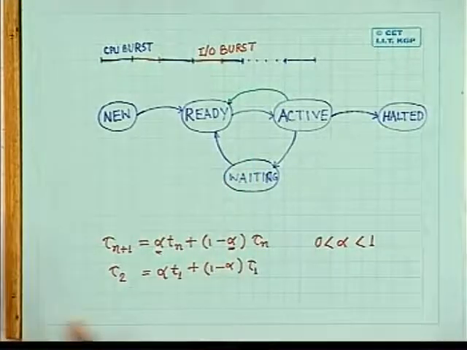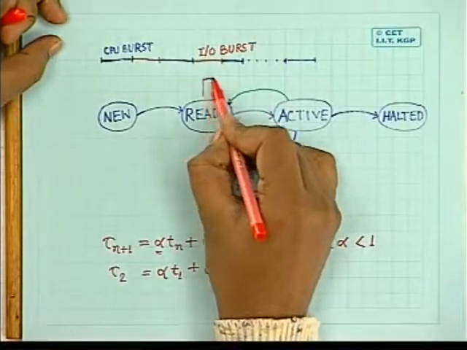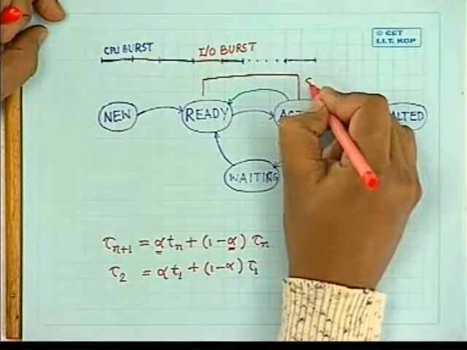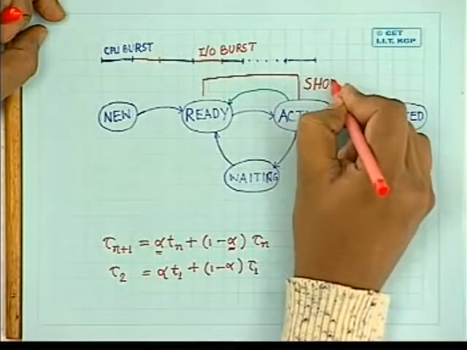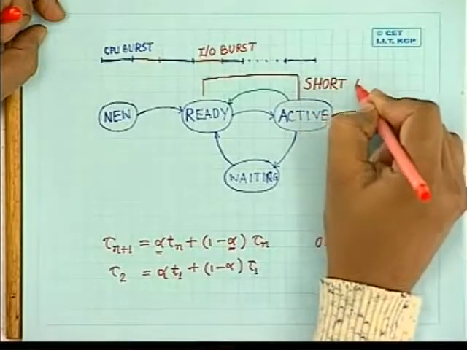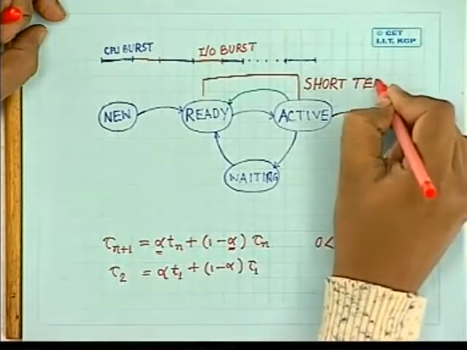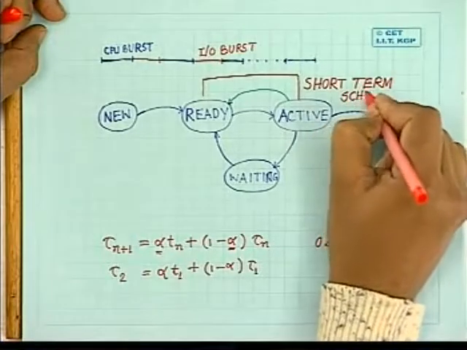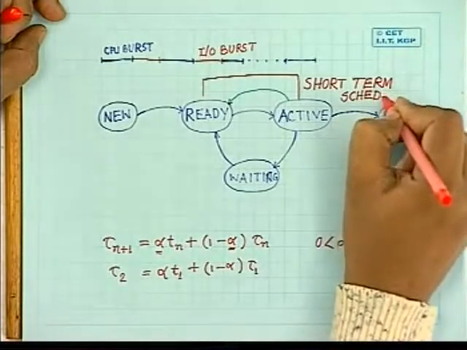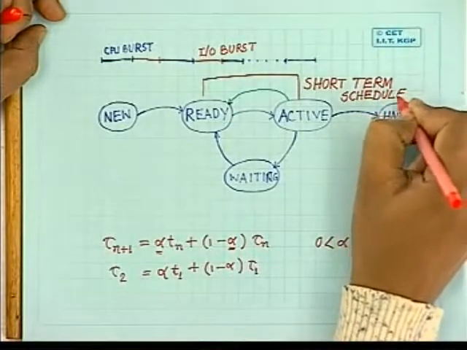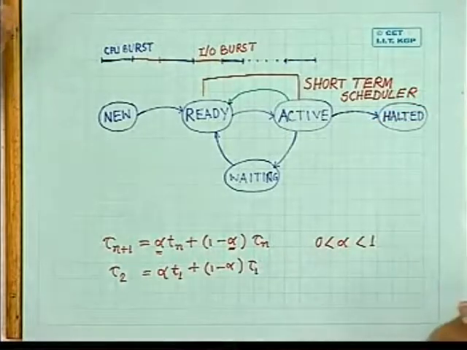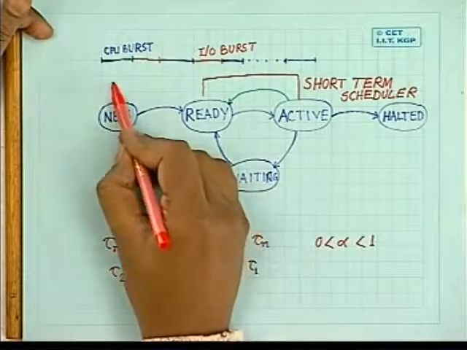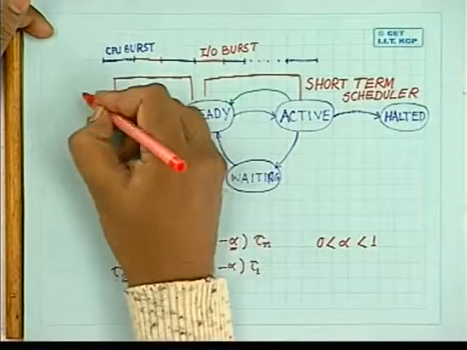So this scheduler which puts a job from the ready queue to the active state is called a short term scheduler. The other scheduler which puts the job from the new queue to the ready queue is called a long term scheduler.